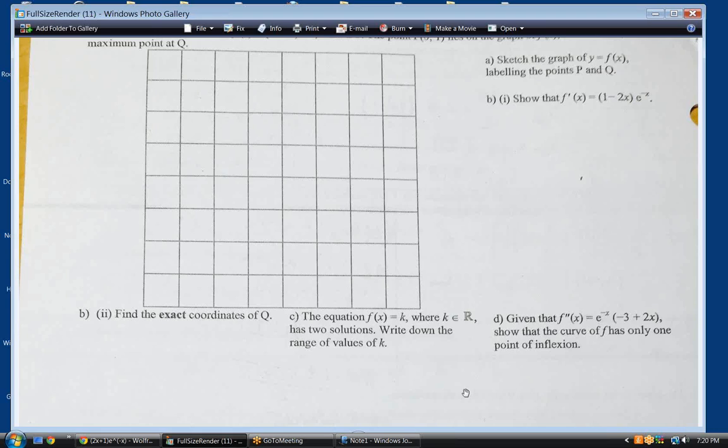Write down the range of values of k. Maybe it's 0 is less than or equal to k, which is less than or equal to 3, because that's the domain of the function. What's the thing about the two solutions? I don't know.